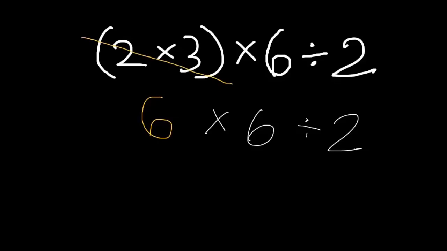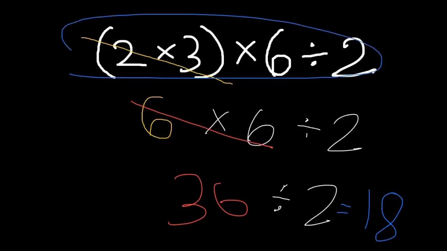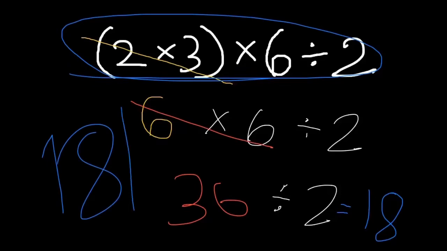So we would do 6 times 6. We would work that out to be 36. And then do 36 divided by 2. And there's no more actual expressions here. I'm pretty sure that 36 divided by 2 is equal to 18. So our answer to this big equation here would be 18.